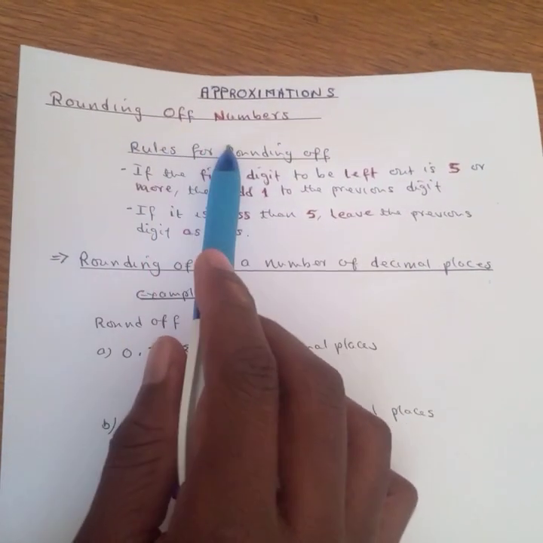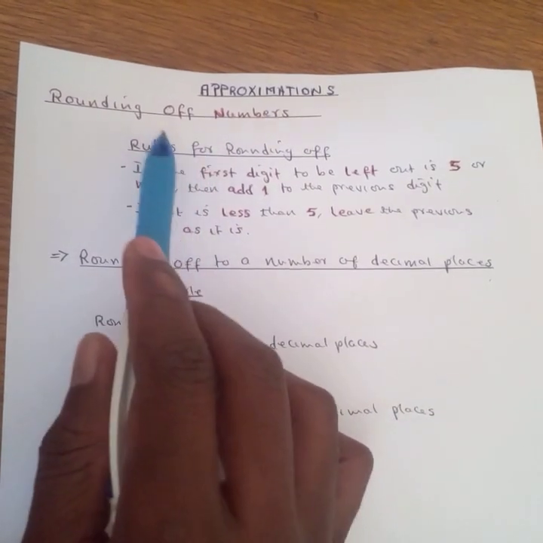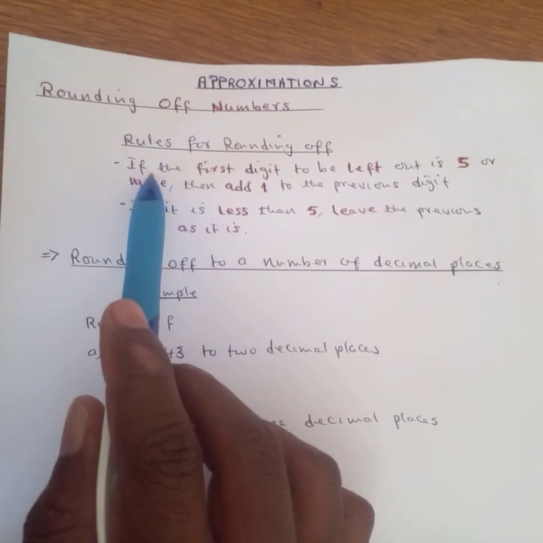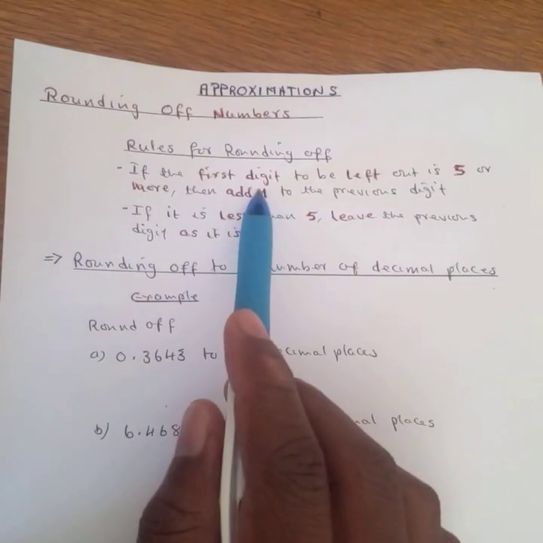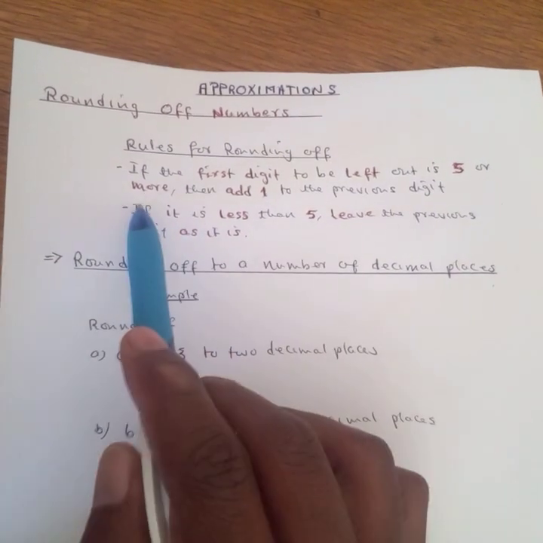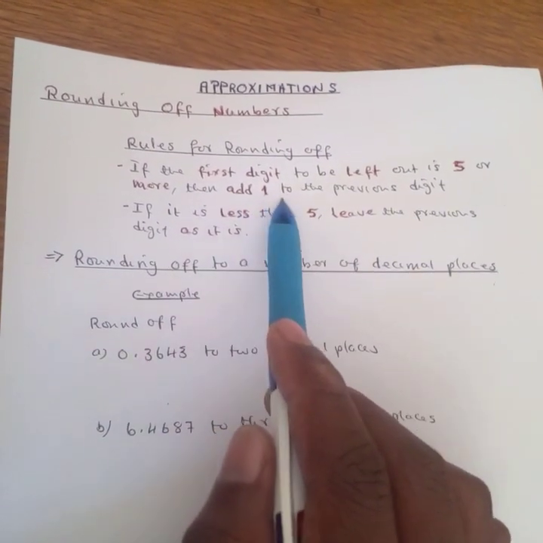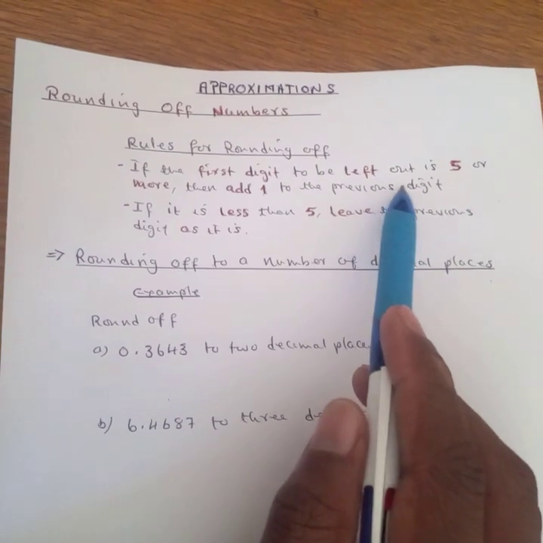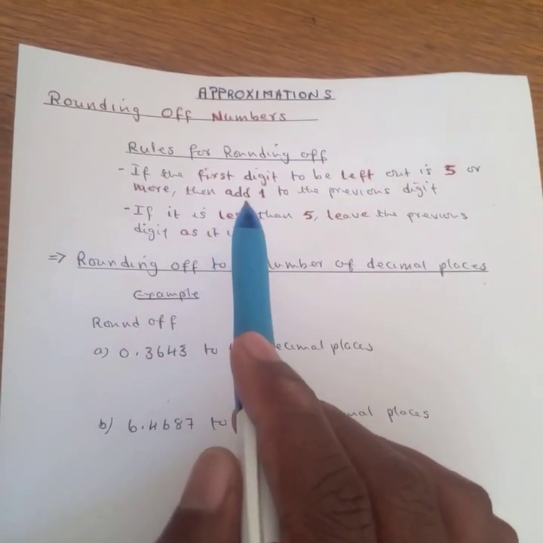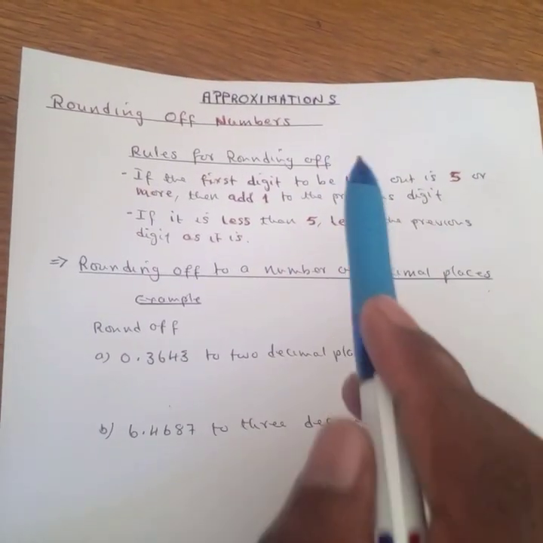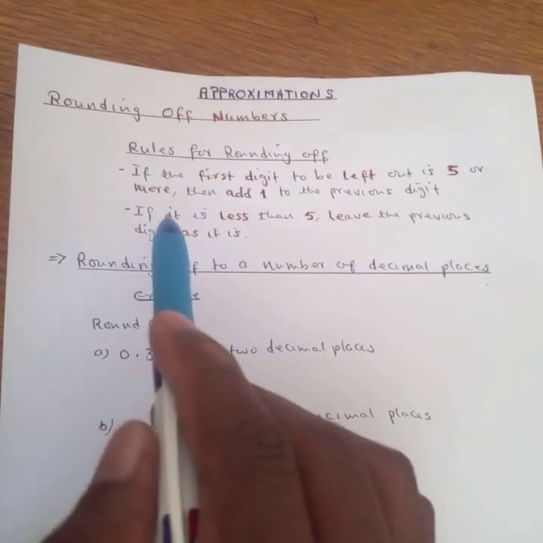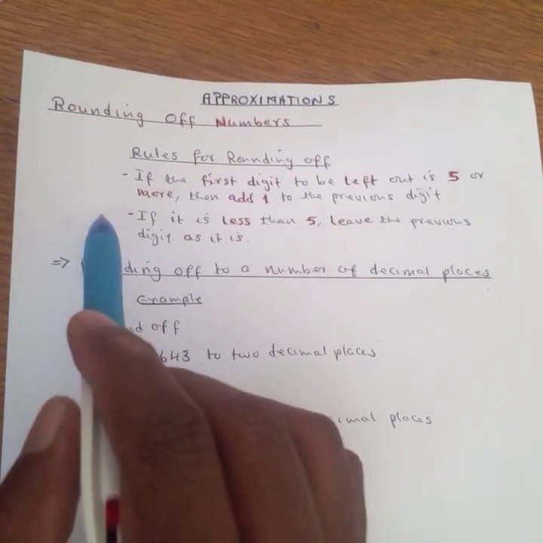We are going to round off numbers, and in so doing, there are some rules that you need to know in order to round off successfully. Number one rule says, if the first digit to be left out is 5 or more, then add 1 to the previous digit.